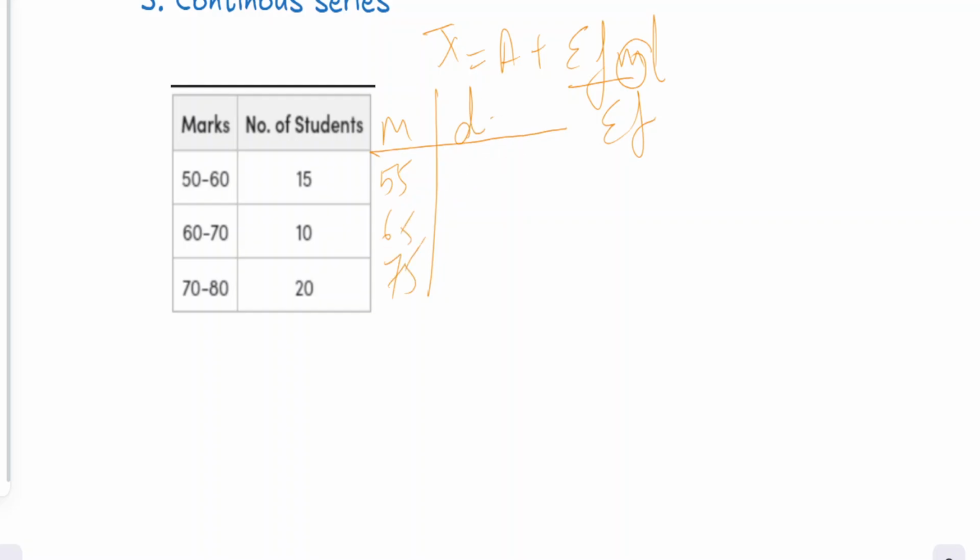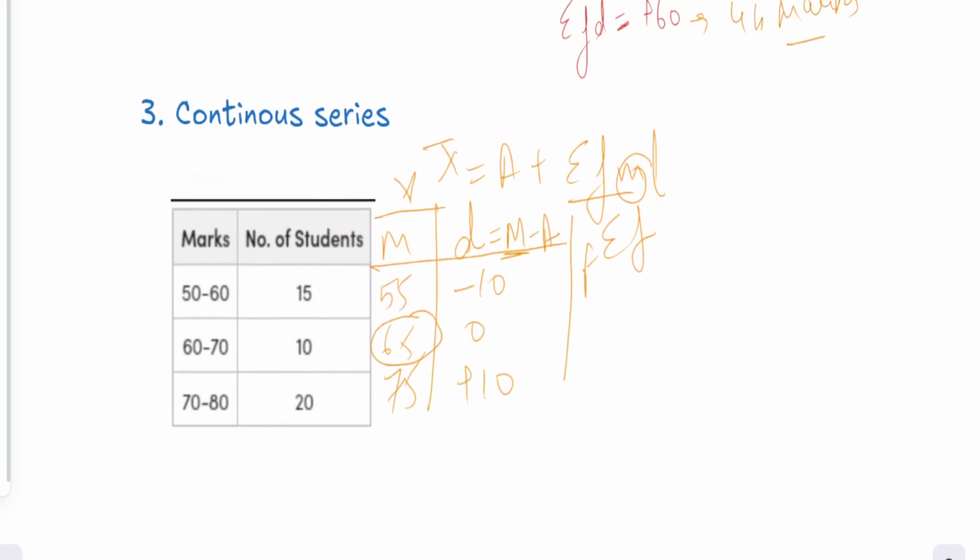Now you have to find the d value, that will be m minus a. Why am I writing m here? Because for the time being in continuous series, this m value is x. I have assumed the value 65 as the a value, so when I subtract, I get minus 10, 0, plus 10, right? Then you have to multiply it with f, and apply it in the formula as we did in our discrete series, and you will get the answer.